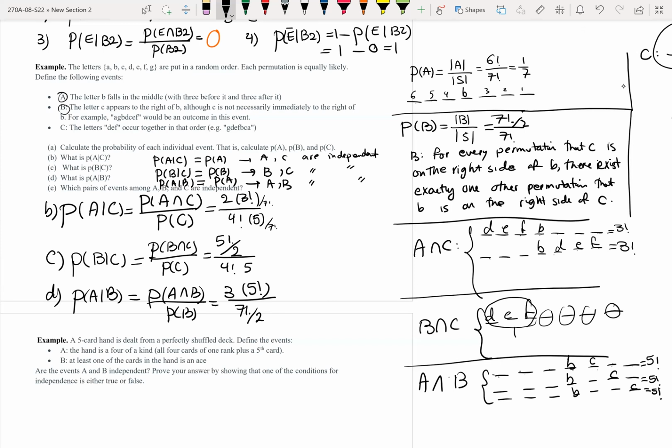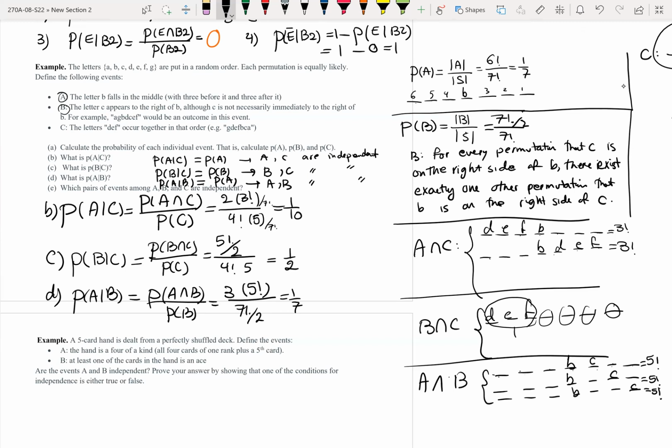Let me check one more time. Actually I do have it. The first number after simplification is 1/10, the second is 1/2, and the last one is 1/7.